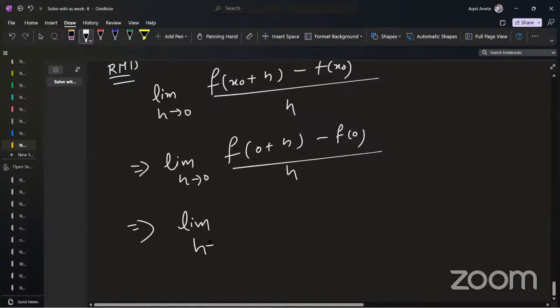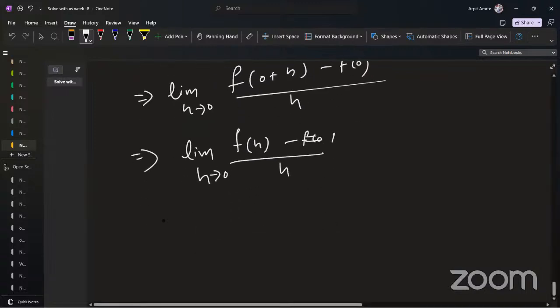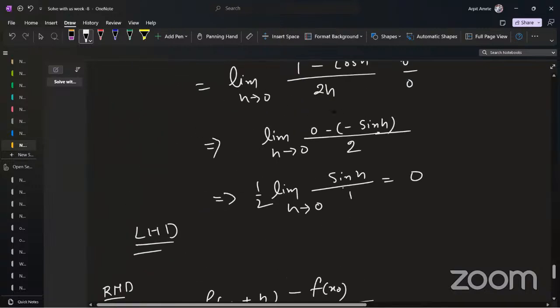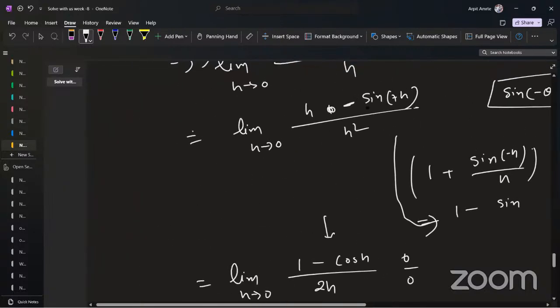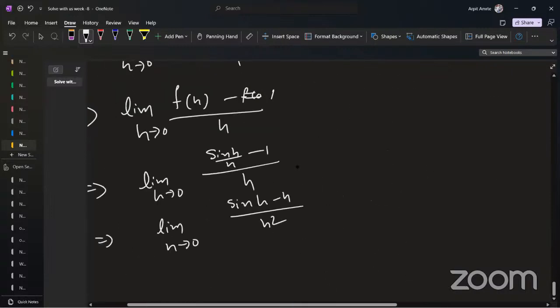This will become limit h goes to 0, f of h minus f of 0, divided by h. Just put the value. F of h is sin h by h, minus 1, divided by h. So this will become limit h goes to 0, sin h minus h divided by h square. Same thing is here. If I take minus common from this, we will get this one.